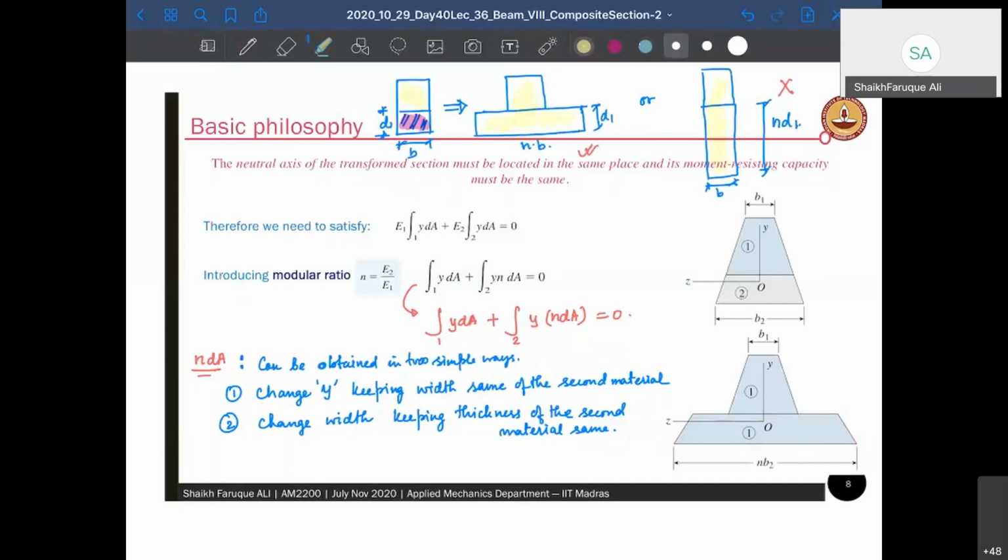So I don't want to change y. I want to keep y the same so the neutral axis remains in the same position. And secondly, my stresses also remain the same because that depends on the distance between the neutral axis and the top layer or the bottom layer. Okay, so this is not considered, and this is considered.